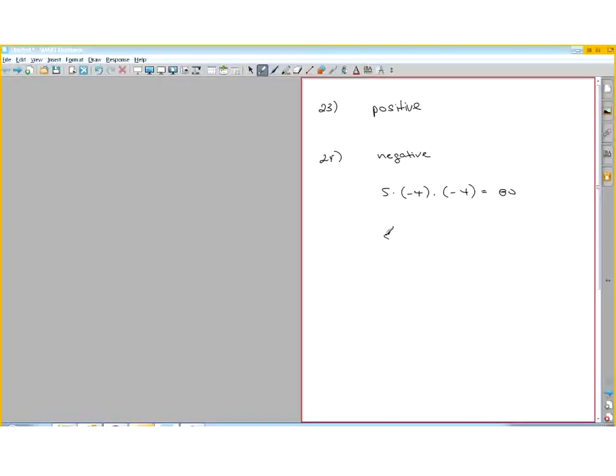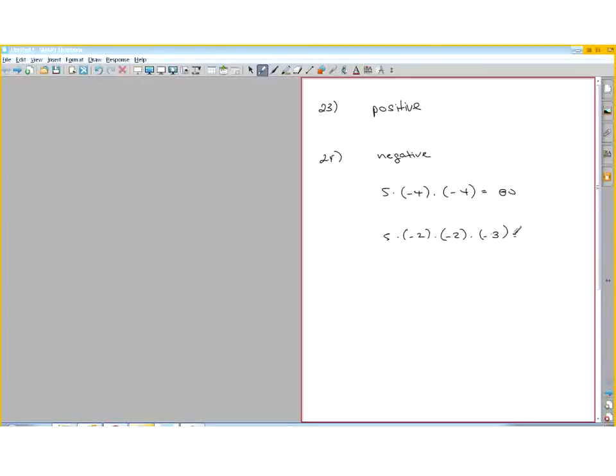But let's say you had 5 times negative 2 times negative 2 times negative 2. It doesn't have to be the same number. Let me just change that so you don't think it has to be the same number. If you have an odd number of negative numbers, then every one that pairs up will give a positive number, but there'll always be one that's left over. And that one left over will be a negative, and so you'll end up with all the pairs make positives and the single one makes a negative.